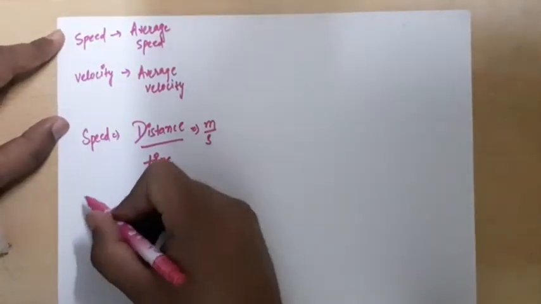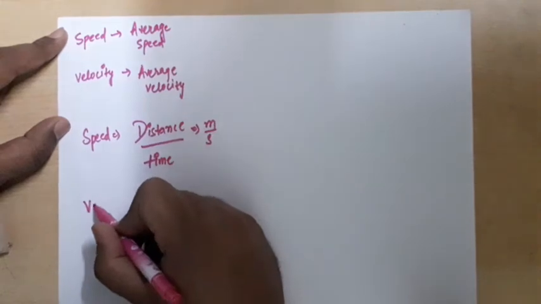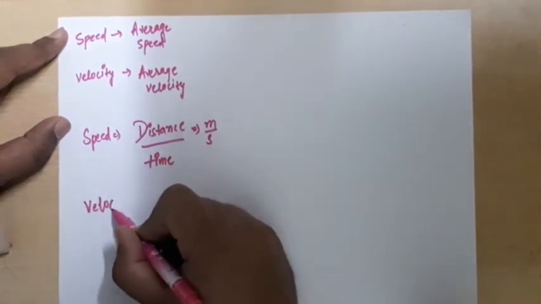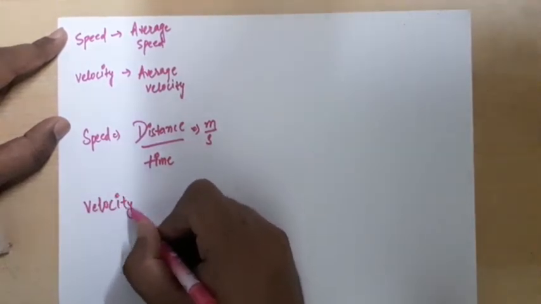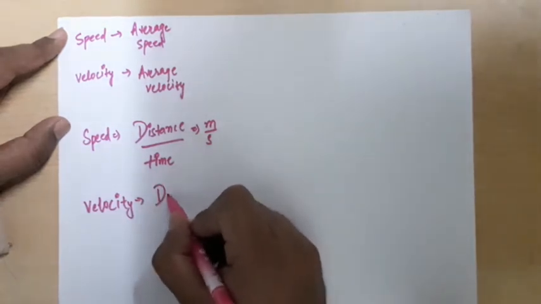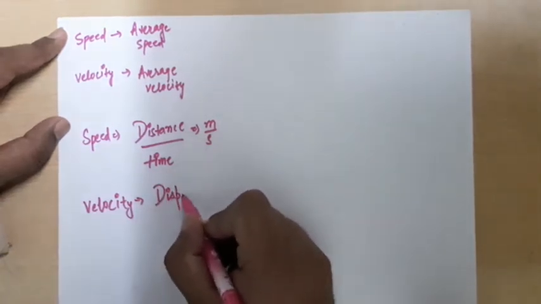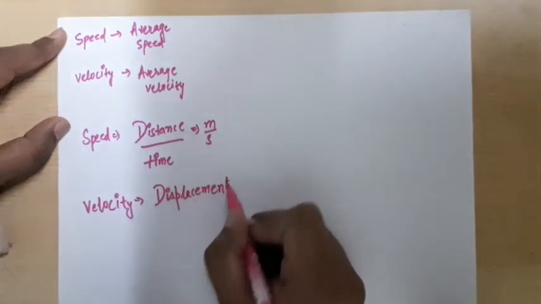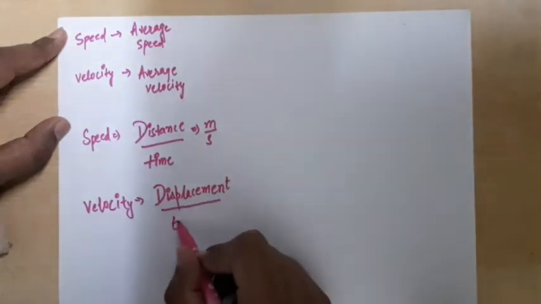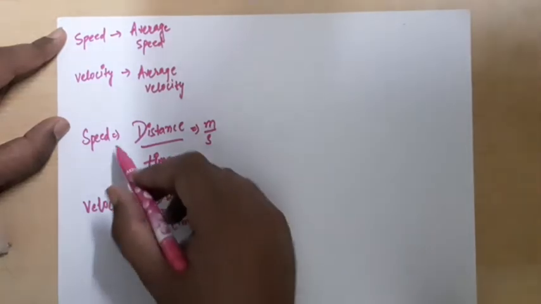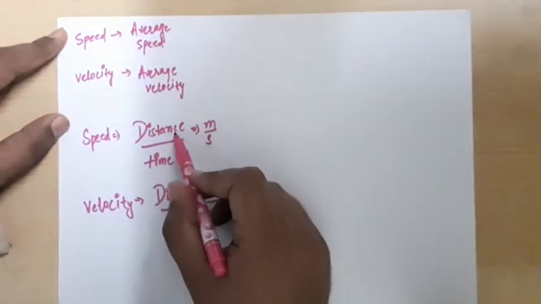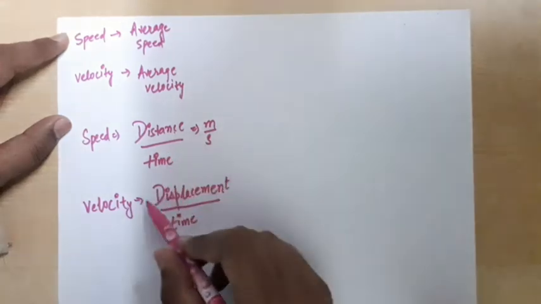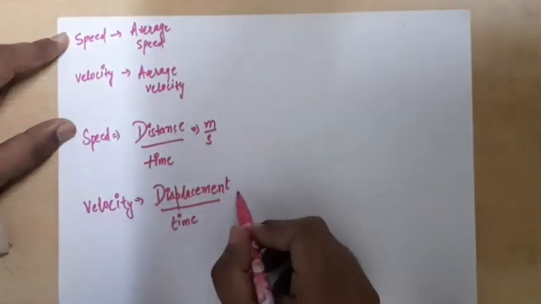So when we talk about velocity, that is displacement upon time, right? There is a small difference between speed and velocity. Speed is equal to distance upon time and velocity is equal to displacement upon time.